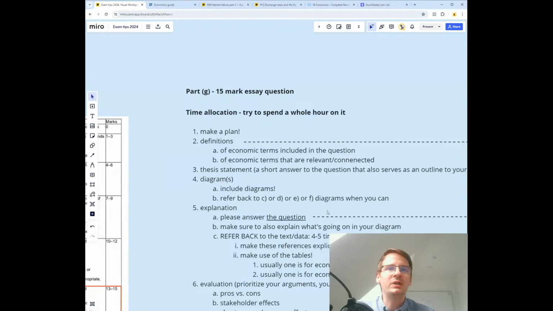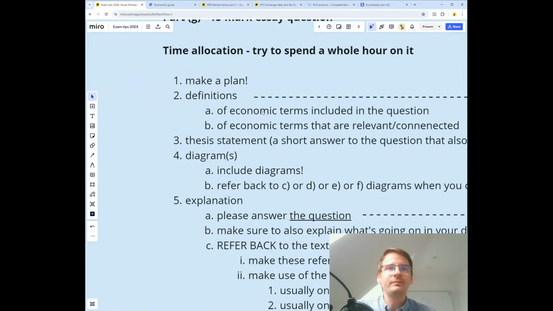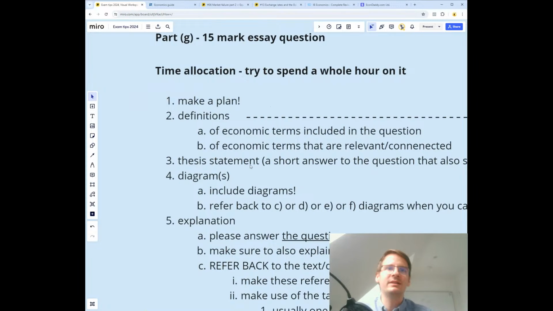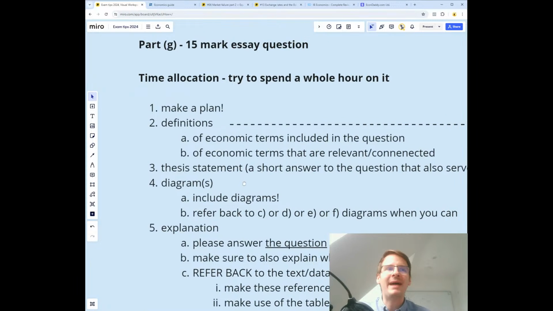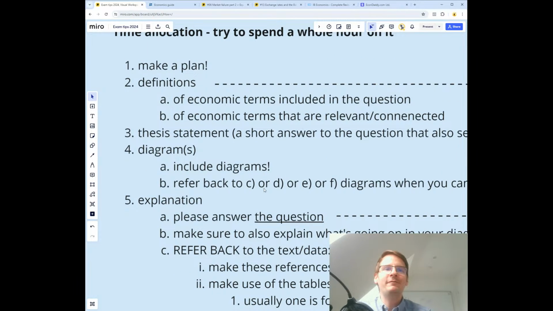So it's a good idea to stop for a sec when you're making the plan and when you're trying to put together this thesis statement and check back at the questions that you have answered so far. And the good thing about these is that they all refer back to the text or the data in the tables. So I do suggest that if you are writing the plan, go back and check those.